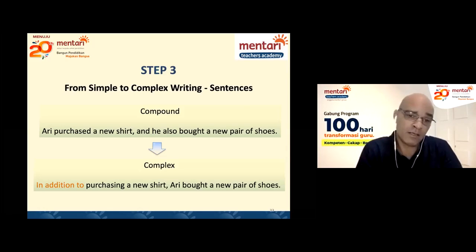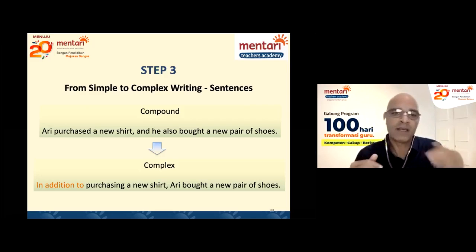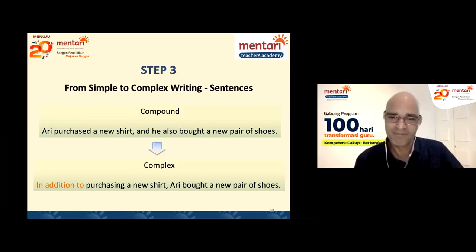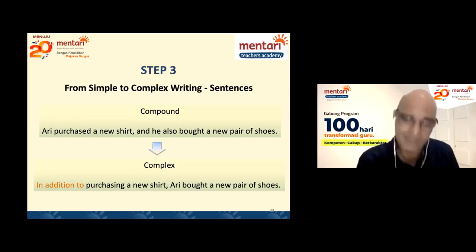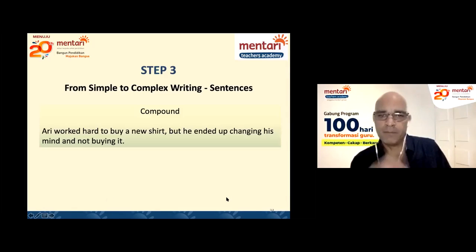Or depending on what comes before, I could be bringing additional focus to the fact that he also bought a new shirt. Okay, so there's a hierarchy in the complex sentence, but there isn't a hierarchy in the compound sentence, because in the compound sentence, both sentences are the same. One is not independent. One is not dependent. Both are independent, okay?